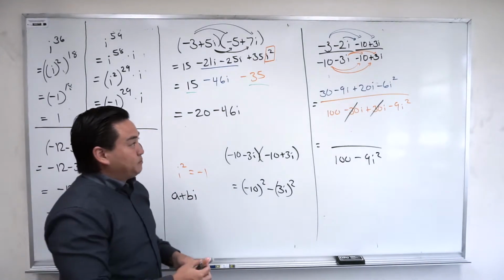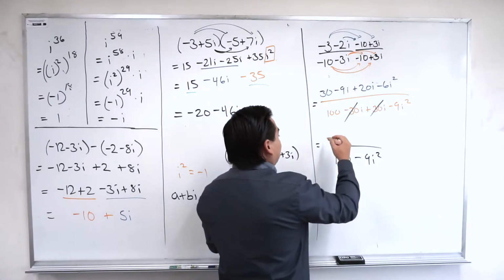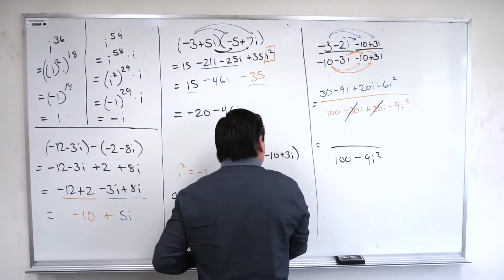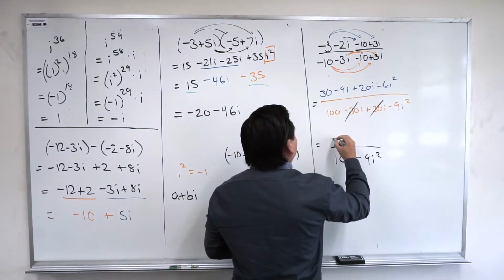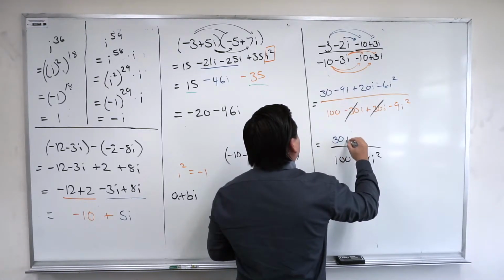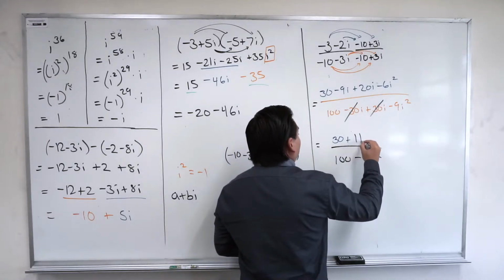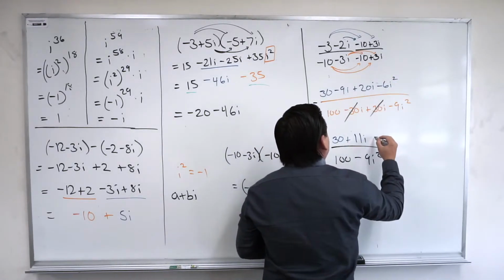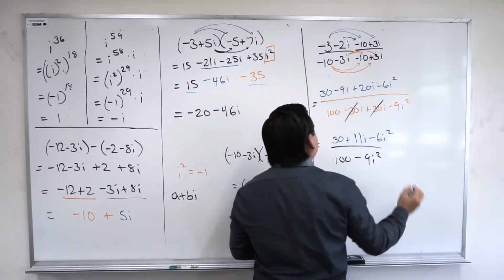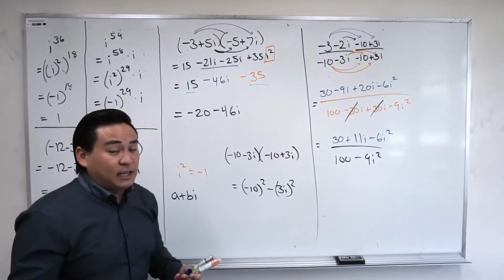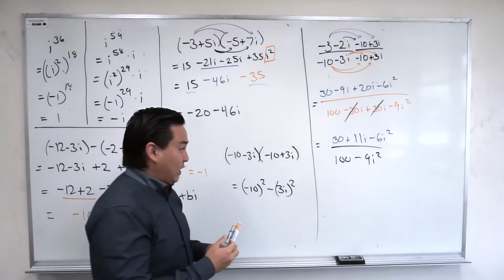Simplify the top to get 30 plus 11i. This one over here is minus 6i squared. And then use the fact again that we know that i squared is negative 1.